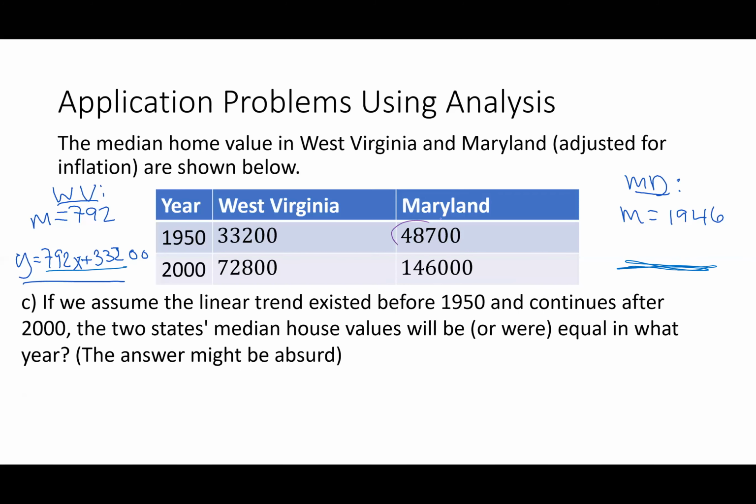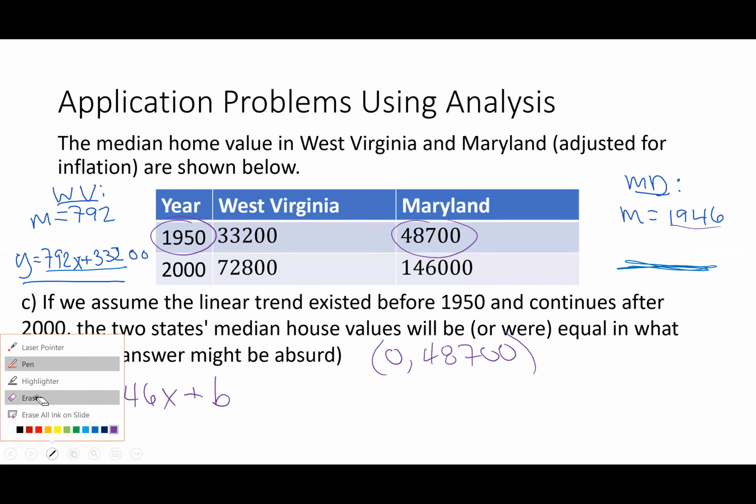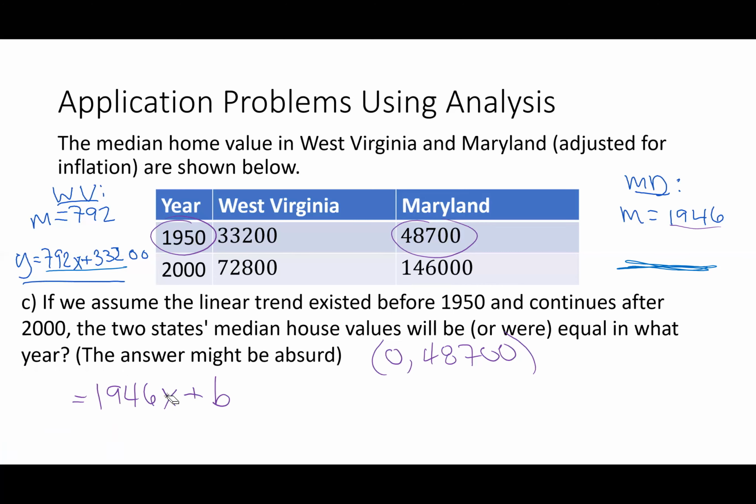I'm going to use the coordinate pair 0, 48,700. And I already know that the rate is 1946. So I'm going to say y equals 1946x plus b. Well, I already know that y is going to be 48,700. And I know x is equal to 0.